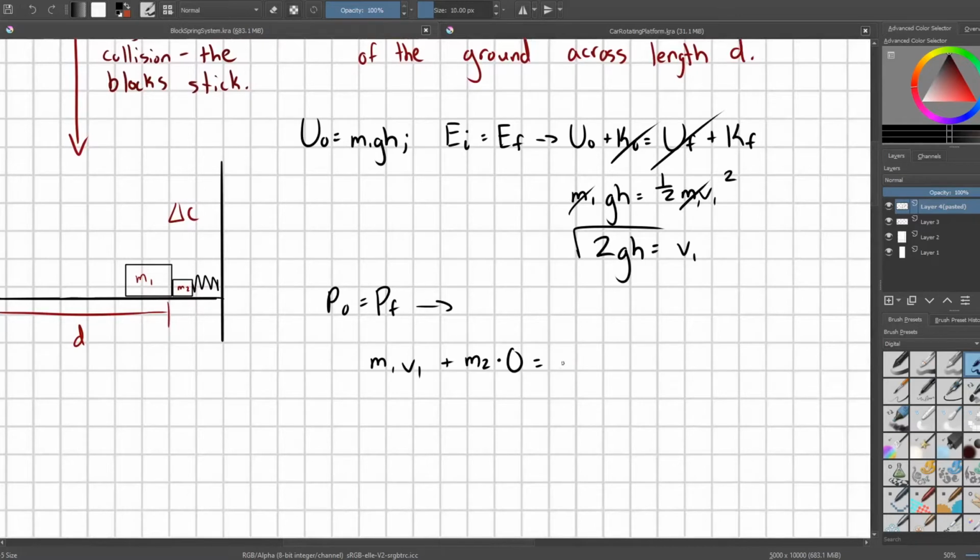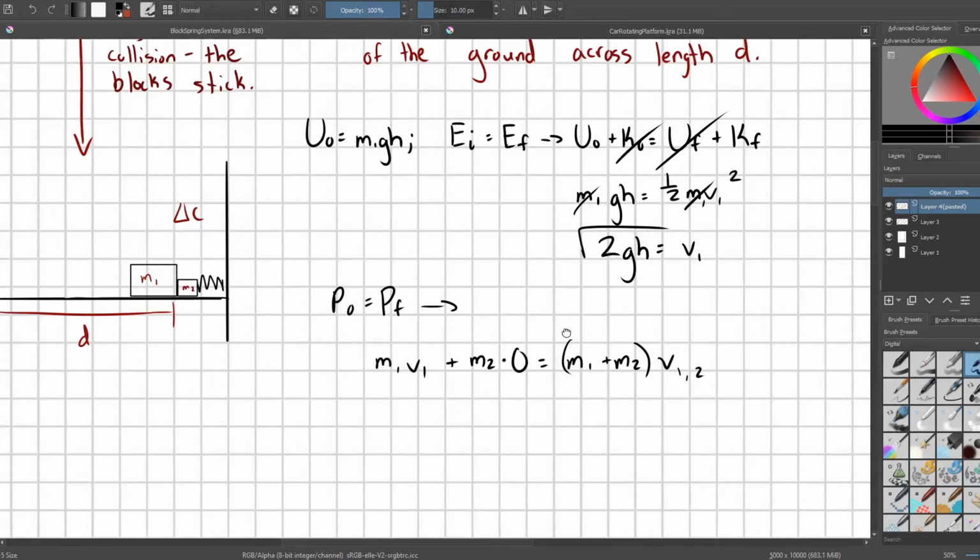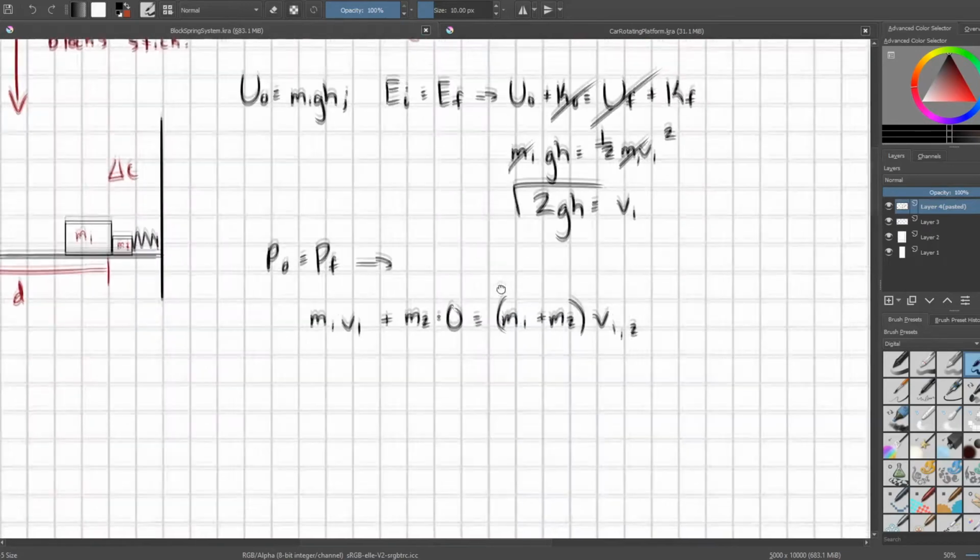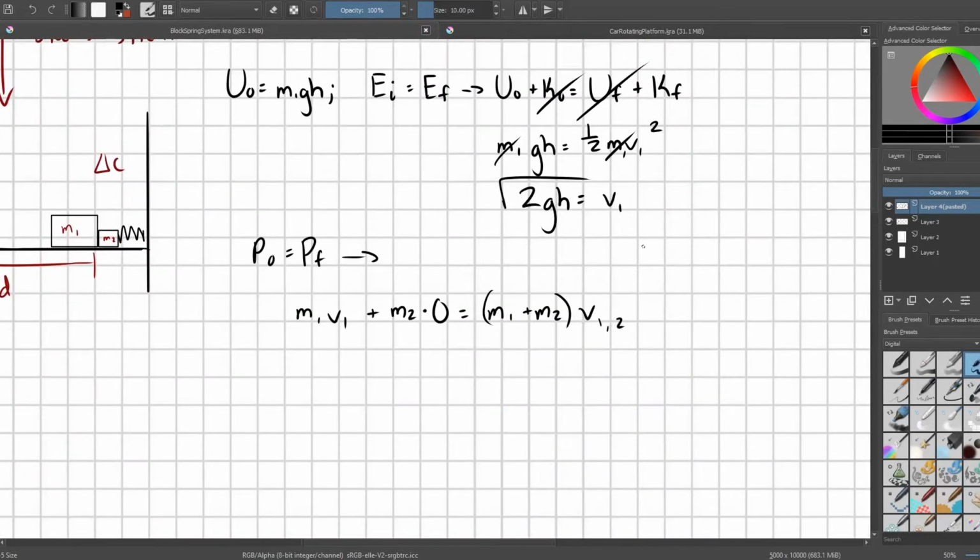So therefore these combine, and they have some combined mass, and I'm going to call that velocity V1,2, because it includes both blocks of M1 and M2 together. So I'll make this substitution, plugging in root 2GH for V1 equals M1 plus M2 times V1,2.